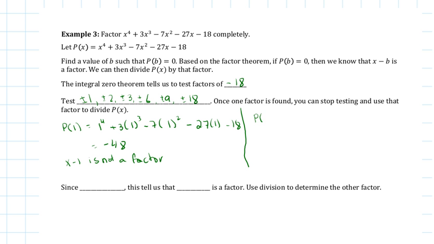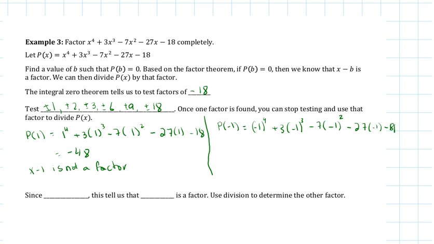Let's try p at negative 1. So it's going to be negative 1 to the power of 4 plus 3 times negative 1 to the power of 3 minus 7 times negative 1 to the power of 2 minus 27 times negative 1 minus 18. So right here, that's an 18.